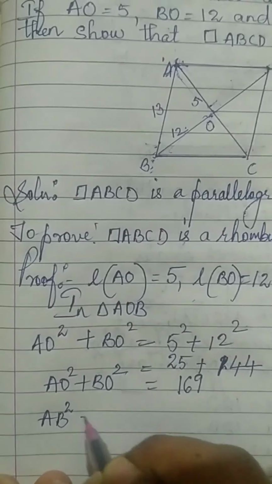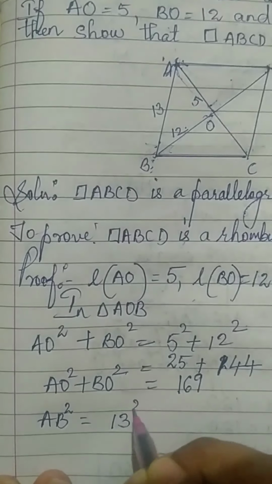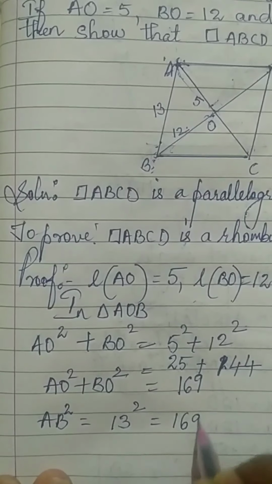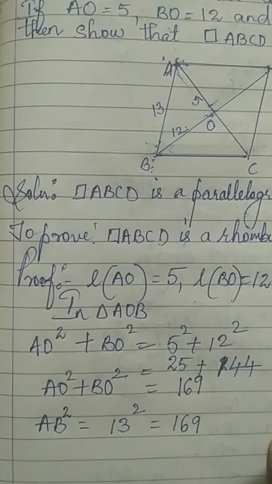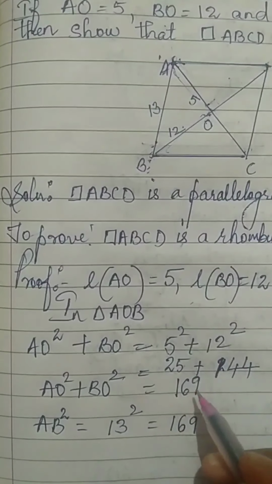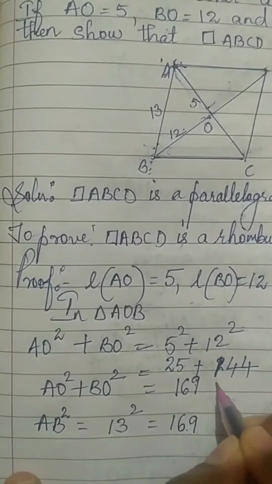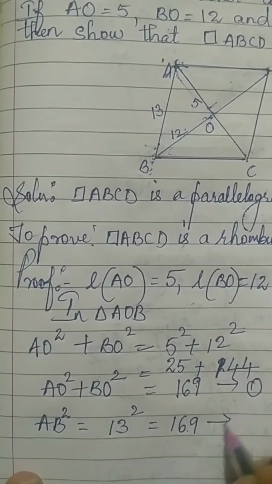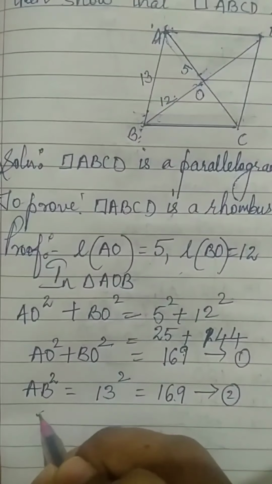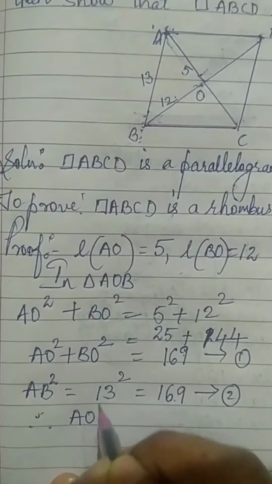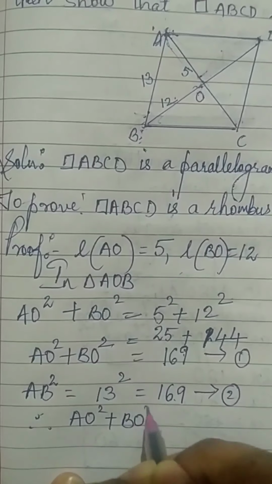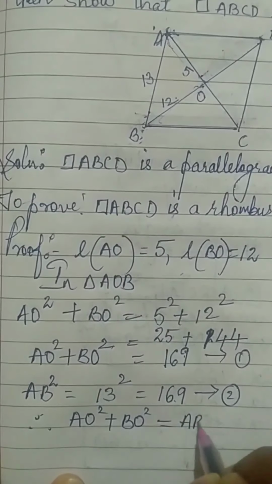AB square is equal to 13 square. And 13 square is 169. Fine? Okay. So now just to check 1 and 2. What we got? Therefore, AO square plus BO square is equal to AB square.